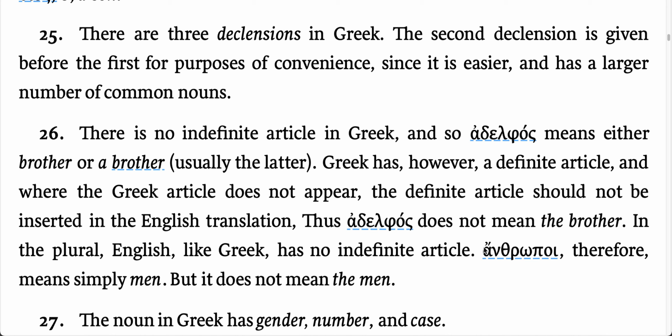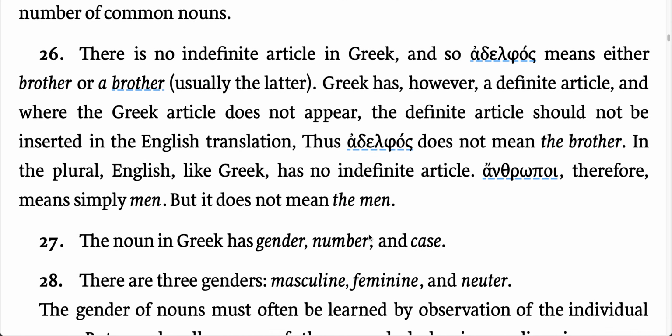If you do not see the definite article attached to the noun, don't translate it with the definite article. Now, we're going to show you what the article looks like, but there's a separate word in Greek for the article, and we'll get to that.